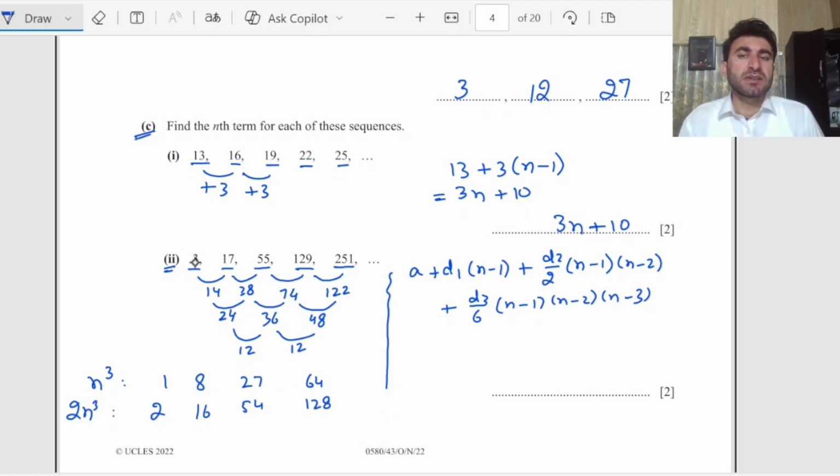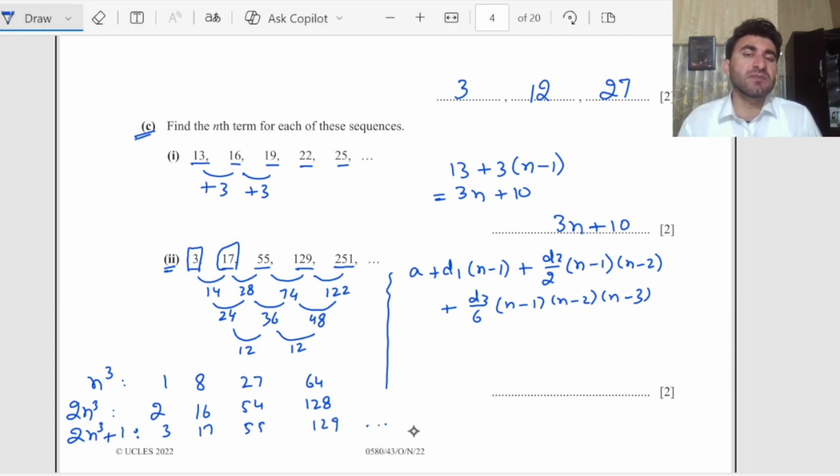But the sequence 3, 17, 55, 129 and so on is 1 greater than this. So we will add 1 to it. So 2n cube plus 1 becomes 3, 16 plus 1 is 17, 55, and 129.